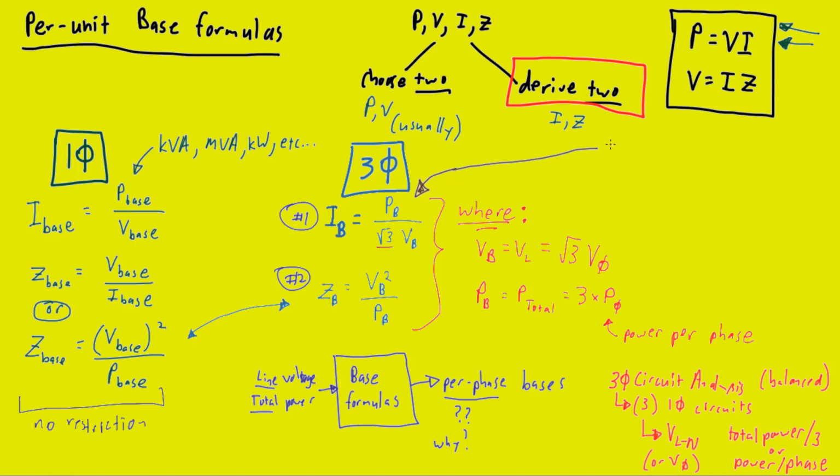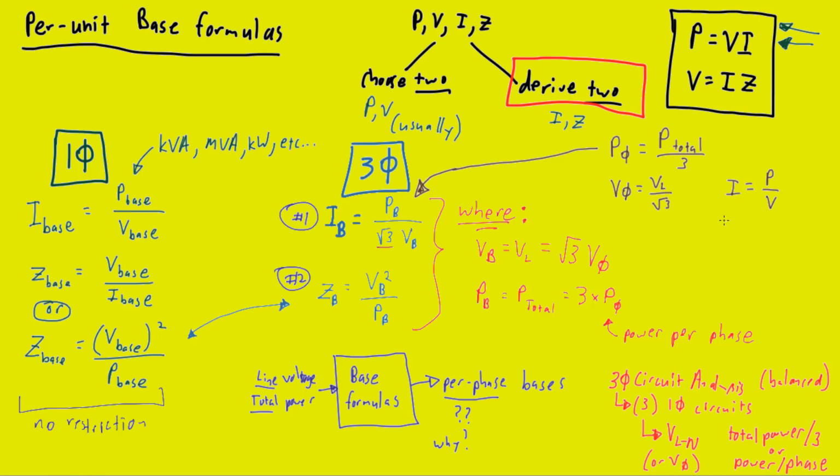So first, let's establish our per phase power here, which equals the total power over 3. Because remember, we're dividing our total power by 3 into 3 individual single-phase circuits, and our phase voltage is our line voltage over root 3. And remember, we're solving for current with this formula, so we're going to use our simple P equals VI algebra and demonstrate that here.